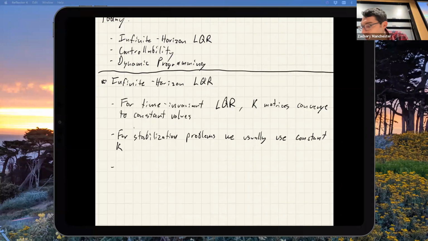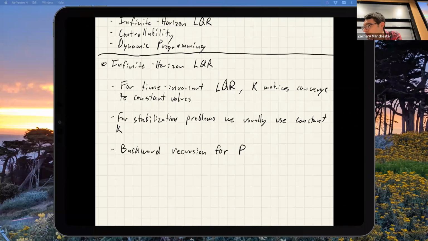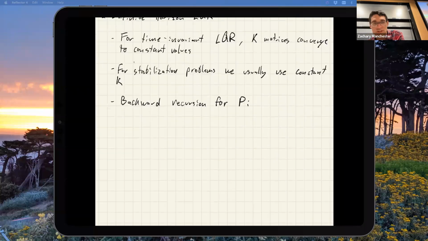Okay, so recalling from last time, it's in the notes, we have this backward recursion for P, and we're going to talk a lot more about what that means today, but just as a quick aside, we had this thing where we solve for the Ks, and from last time it looks like this. In the time invariant case, so A and B are just fixed matrices, not time indexed.